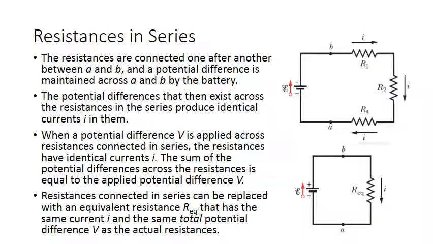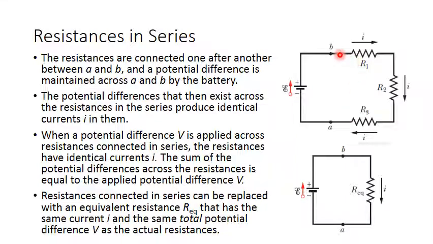Now, what will be the case if I have different resistances connected in series? What does it mean in series? Each resistance has two terminals. Assume this is terminal 1 and terminal 2, this is terminal 1 and terminal 2, and this is terminal 1 and terminal 2.